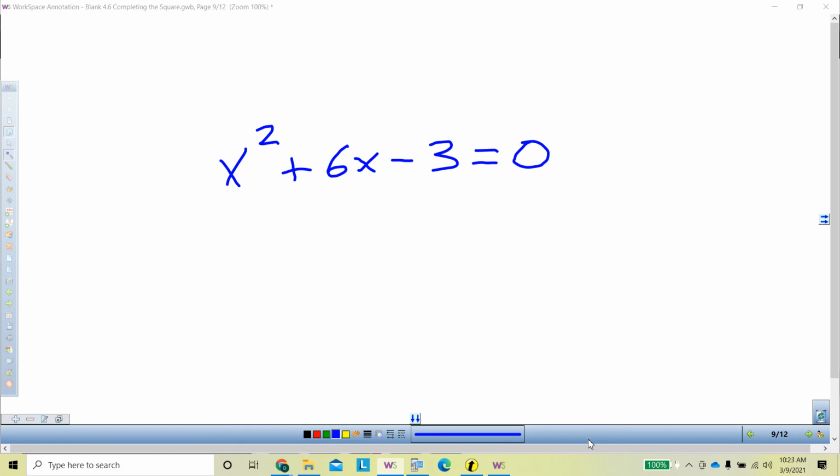You have to break apart that square root of 12 as well, right?